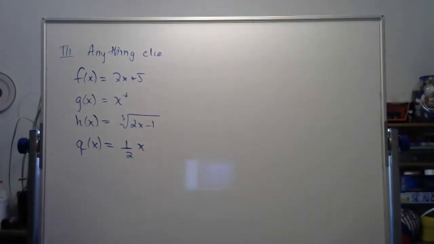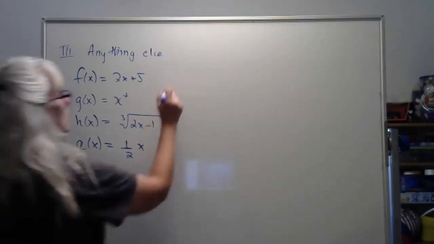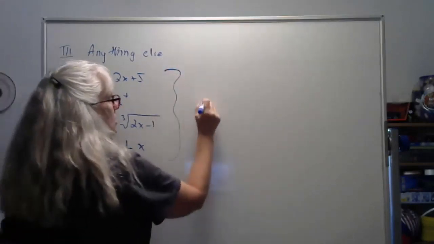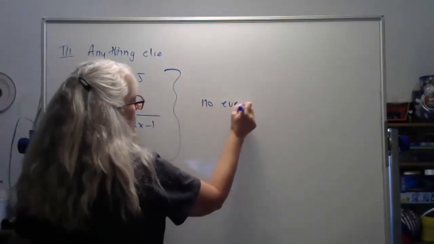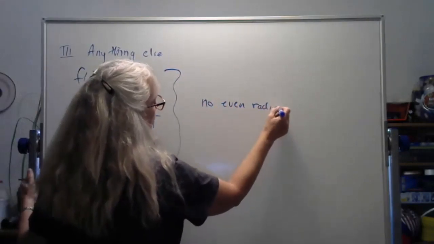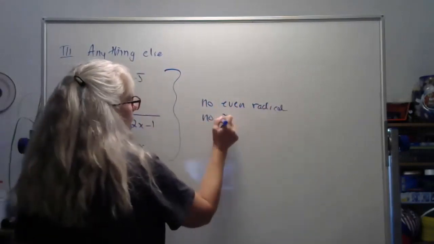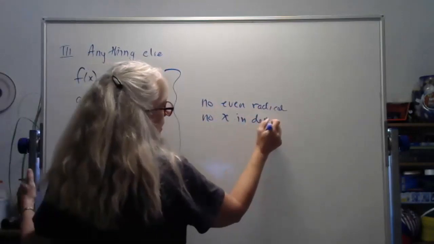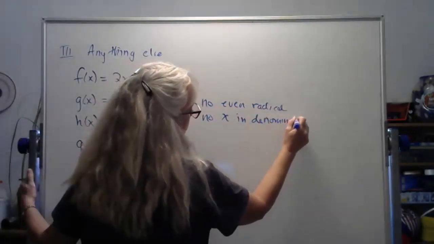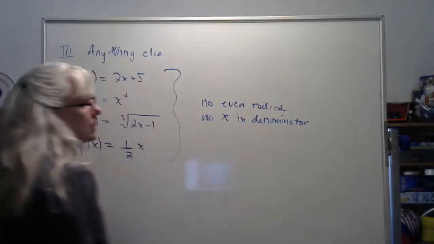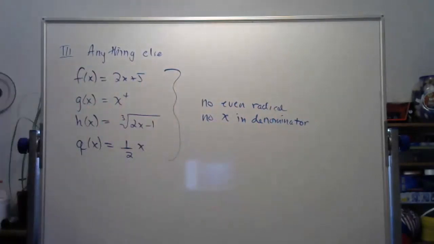So I look at all 4 of those, and what I'm going to note is that there's no even radical, and that there's no x in the denominator. So that's what I'm going to note to myself. I don't see a square root or a 4th root or a 6th root, and I see no x in the denominator.